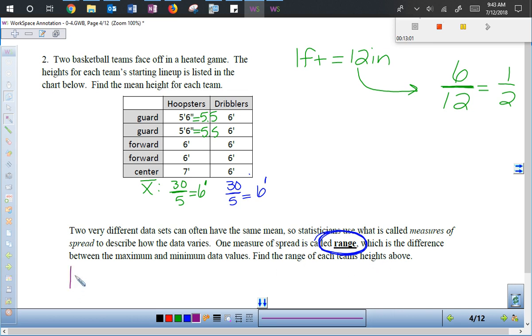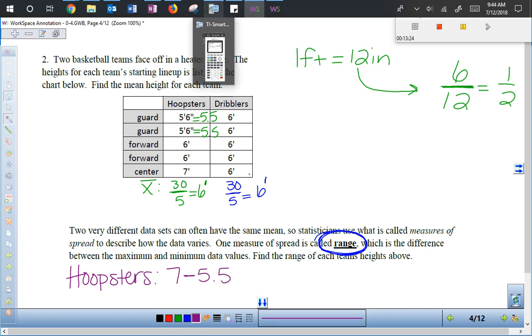So if I wanted to start with the hoopsters, to find the range, I need to take the maximum value, which is my biggest number, and subtract the minimum value, which is my smallest number. So in the hoopsters, the maximum height is 7 feet, and we want to subtract the minimum height, which was 5.5 feet.